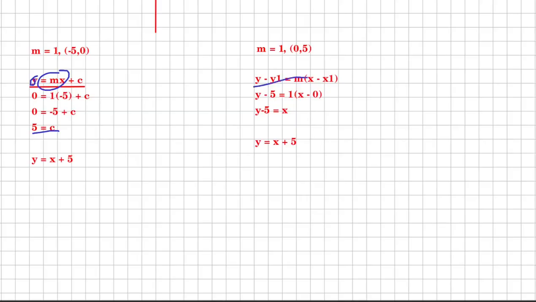Alternatively, you can use this method here, whereby you just substitute your y1 and your x1 and also the value of m, and then playing around with the algebra, you are going to get the correct equation.